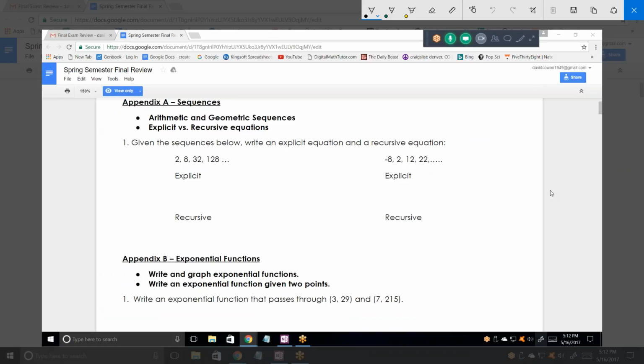All right. There's a couple of key formulas that you have to remember about arithmetic and geometric sequences. One is, what is the nth term for an arithmetic sequence? You know what it is? The general equation?